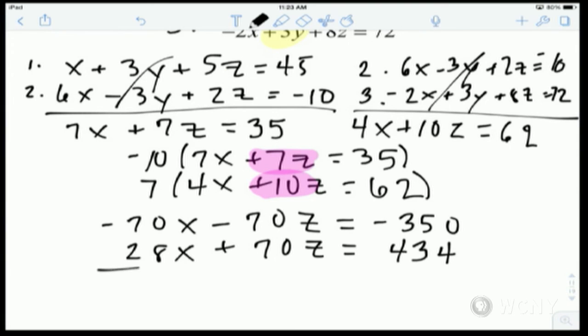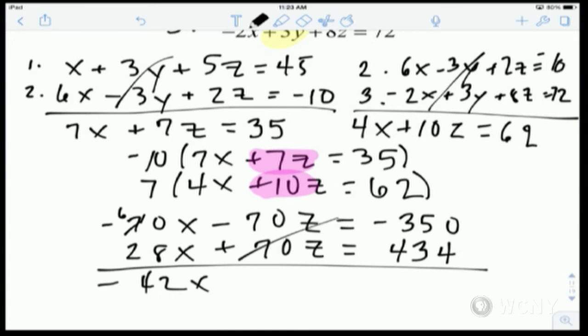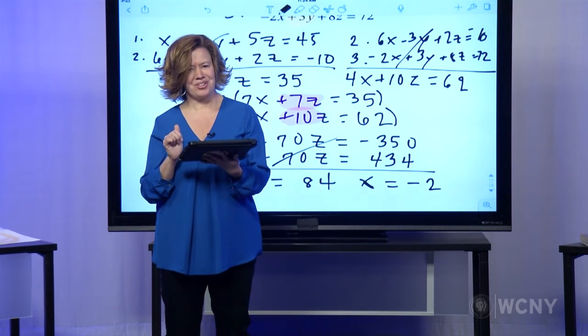Okay, we'll add those equations together. Negative 70 plus 28 is negative 42x. The z's cancel, and that is going to equal 84. Negative 350 plus 434 is 84. Divide both sides by negative 42, and x is negative 2. Okay, you're a third of the way done.